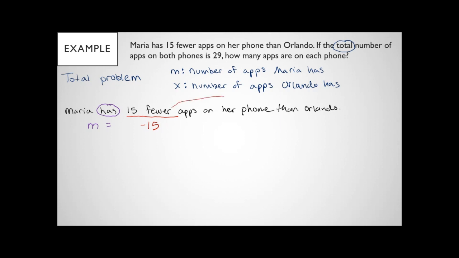So I'm going to find where the word than is, that translates to a plus. Now we've got 15 fewer apps on the phone. Doesn't really mean anything. It's not useful here. All we need to know is how many we have. That's just kind of like a unit almost, so we could ignore that. And then after the plus sign, we have Orlando, which I said was an X. So we've got our equation, M equals negative 15 plus X.